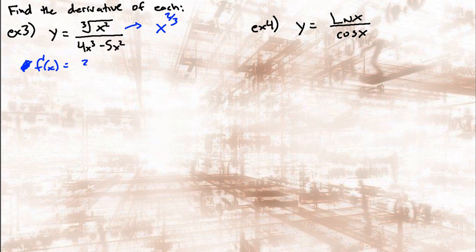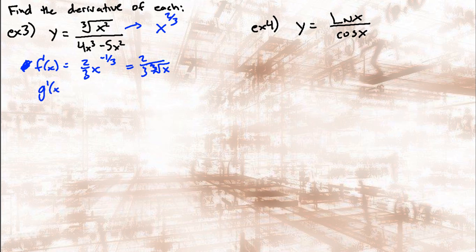So our derivative will be 2/3 x. I'm going to decrease that exponent by 1. So negative 1/3, which equals 2/3 over cube root of x. A little bit sloppy right there.